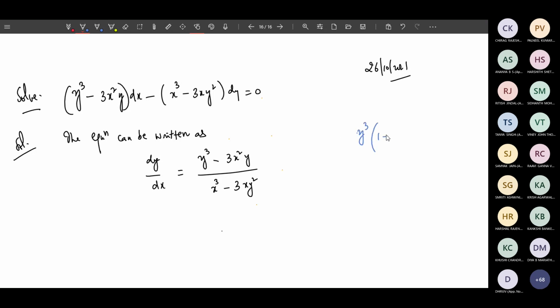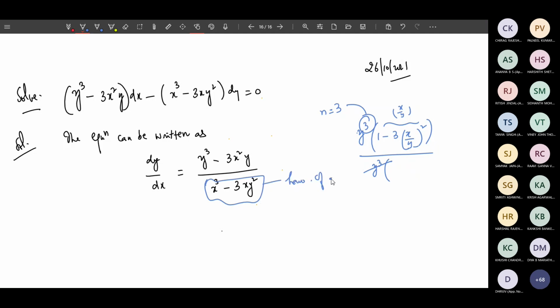Both are homogeneous separately; therefore this is a function of x by y and homogeneous of degree 3, and similarly the denominator is also homogeneous of degree 3.